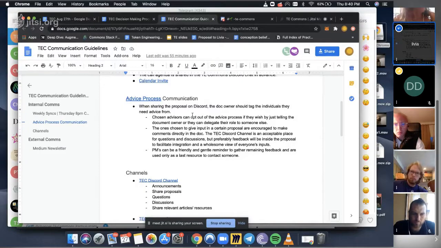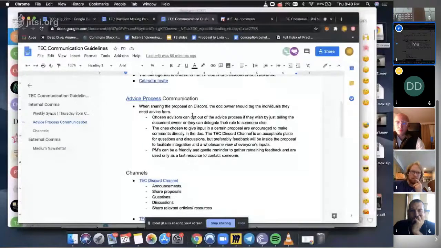They can either do that or delegate someone else to give advice instead of them, or they can jump straight into the document and put in their feedback.